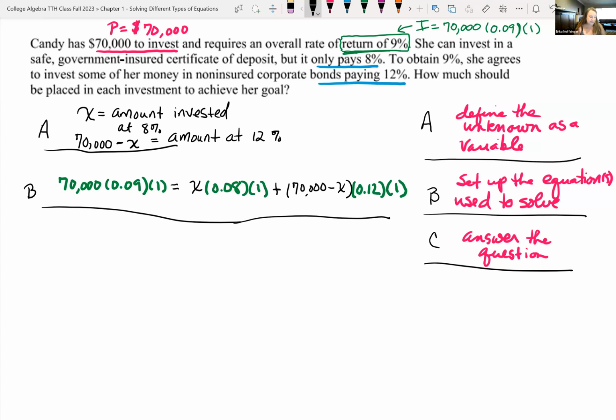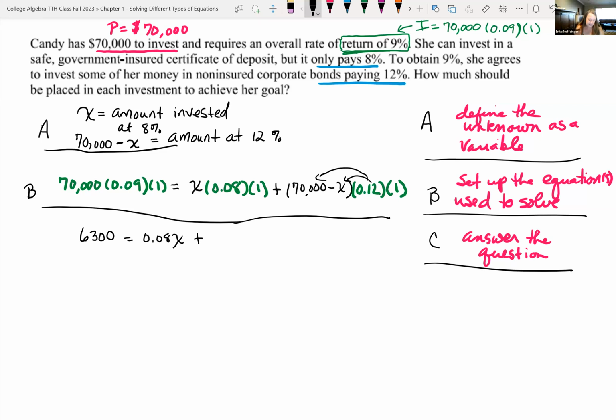Okay, so we have $70,000 times 0.09. That is going to give us 6,300, is equal to 0.08x plus, so I need to distribute here this 0.12 to the 70,000 and to the negative x.